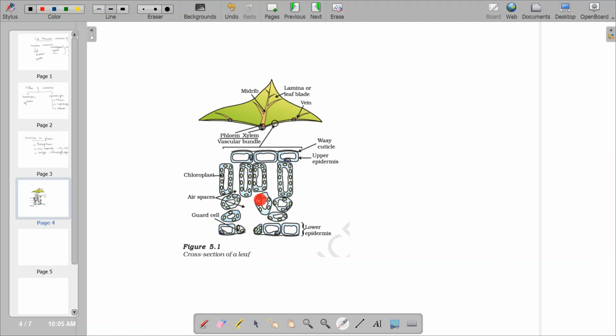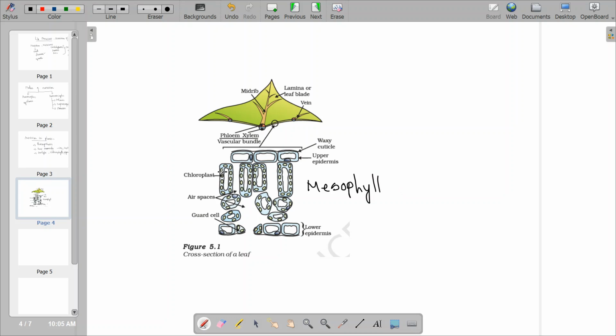Air spaces are present, and you can find some elongated and round tissues. Okay, so these tissues are called mesophyll tissue. Mesophyll tissue contains mesophyll cells.